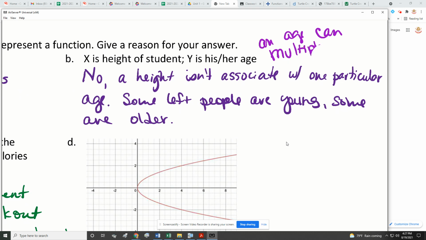Oh, I've got that backwards. Sorry. X is the height of a student. So the height, like somebody who's 6 feet tall, could be 15 or it could be 16. So I think it was okay the first time I explained it. Sorry.